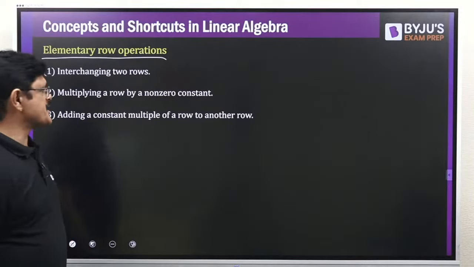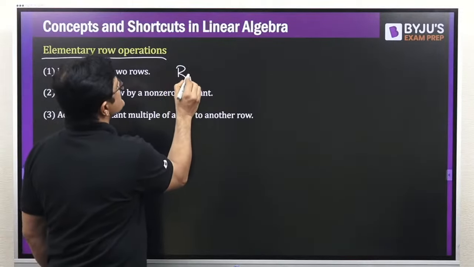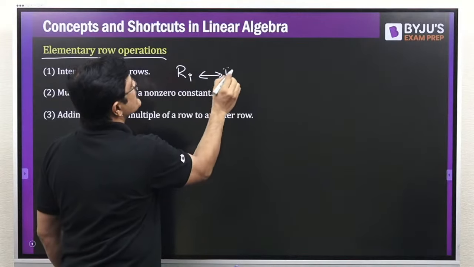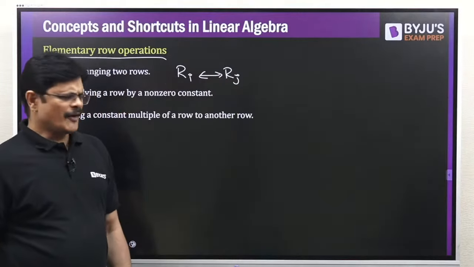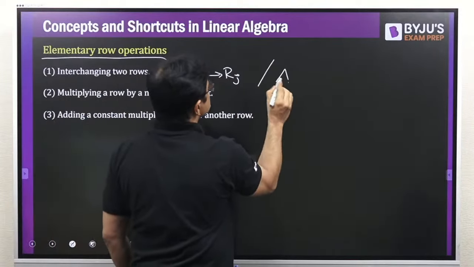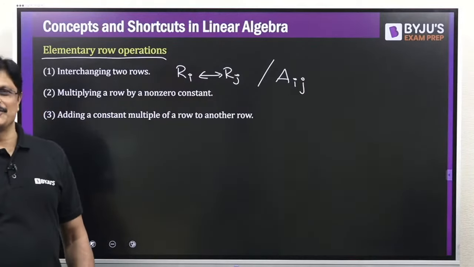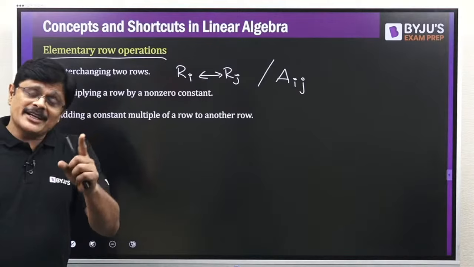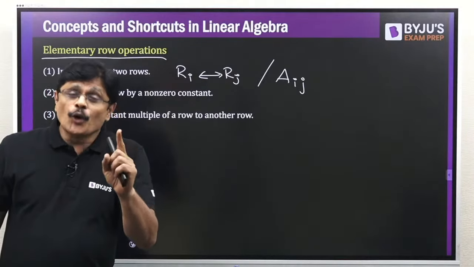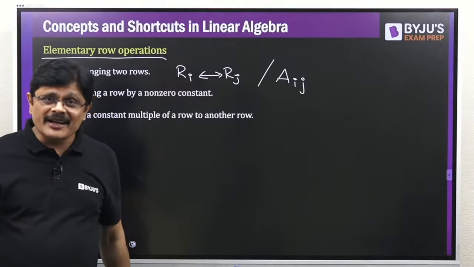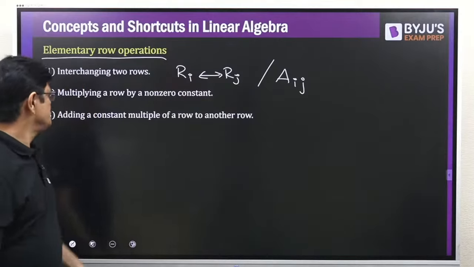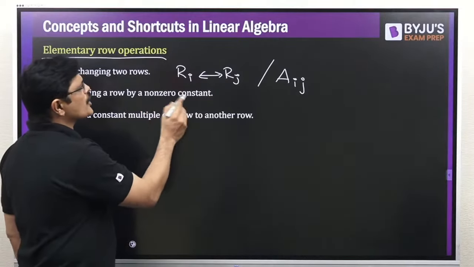What is the first row operation, sir? Interchanging two rows. We simply write it like this. Of course, there is one more notation which people use, Aij. In mathematics, we should know the notations properly, my dear friends. Next, multiplying a row by a non-zero constant.